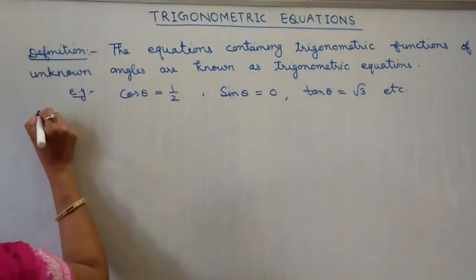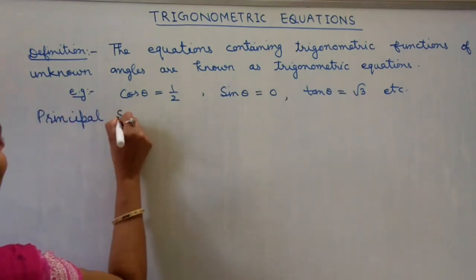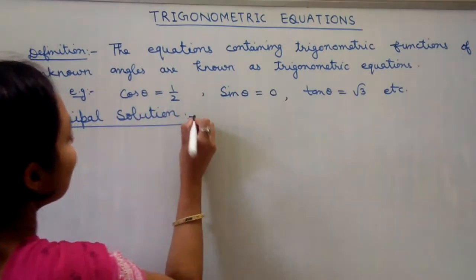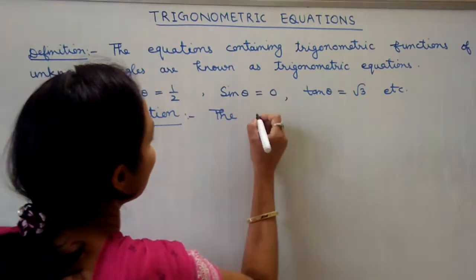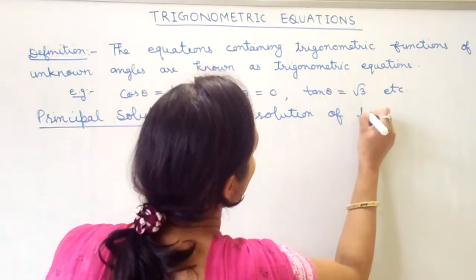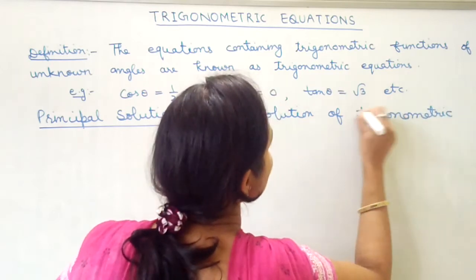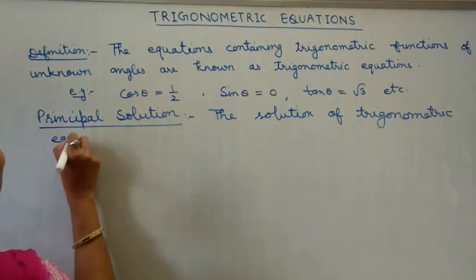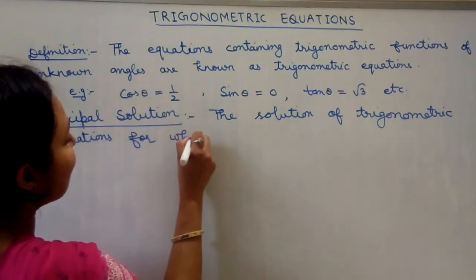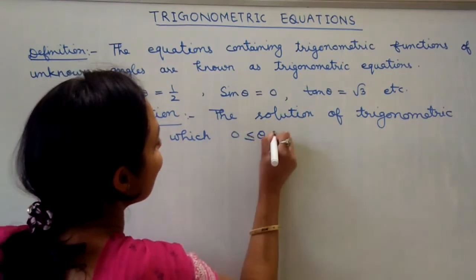Okay, come to the principal solutions. What is a principal solution? Principal solution is the solution of a trigonometric equation for which theta lies between 0 to 2 pi.